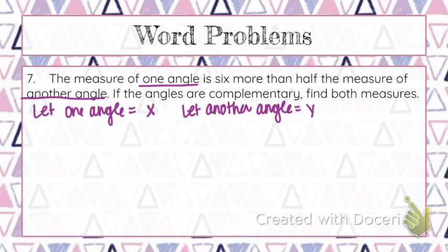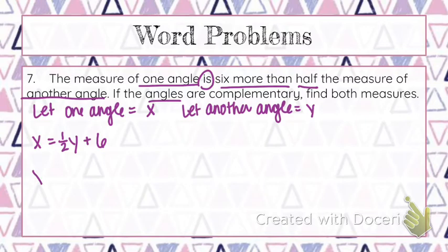equal Y. And we know that the measure of one angle, so that's X, means equals 6 more than, so something plus 6, half the measure of another angle. So that means 1/2 times Y. We also know that the two angles are complementary.